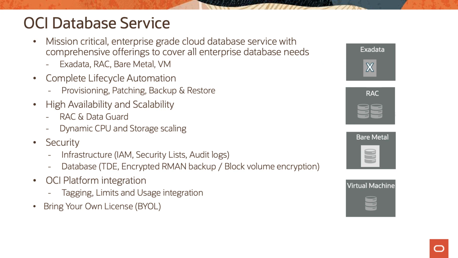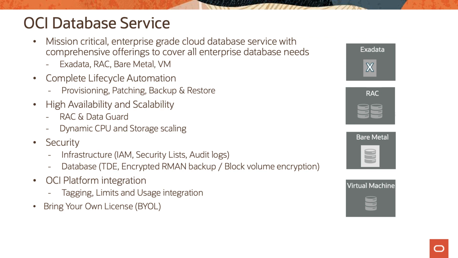Oracle Cloud Infrastructure Database Service is a mission-critical, enterprise-grade cloud database service with comprehensive offerings to cover all enterprise database needs. We have different services like Exadata, bare metal, and virtual machine database systems.